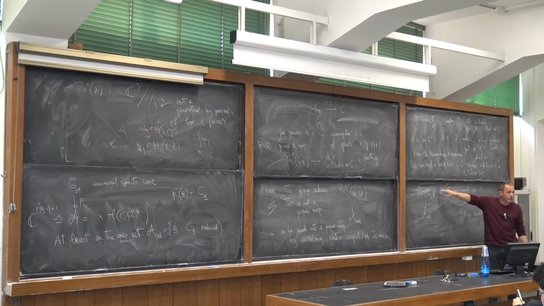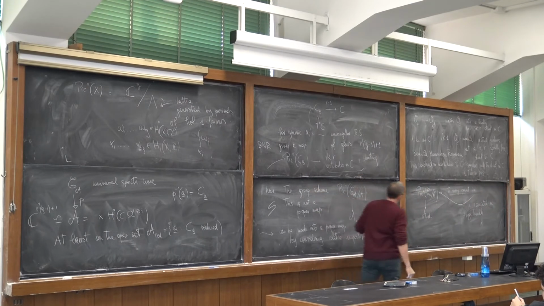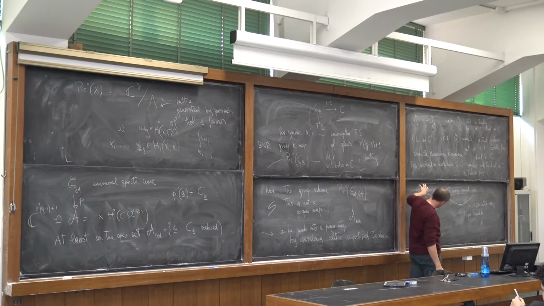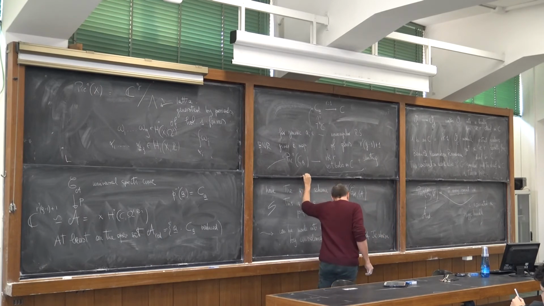So every point here is a torsion-free sheaf over some spectral curve. So I push it forward and I get a Higgs bundle whose characteristic polynomial is given by the point I'm projecting to. So we have this. This is a proper map over which this group scheme acts relatively.